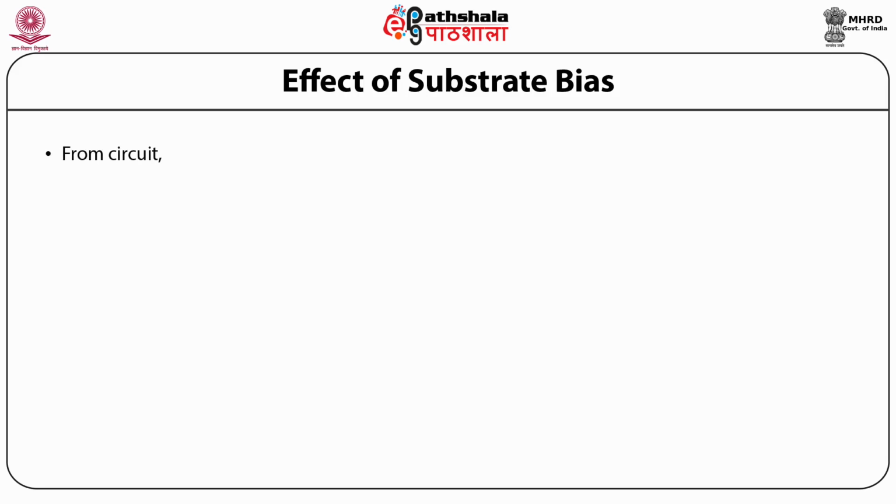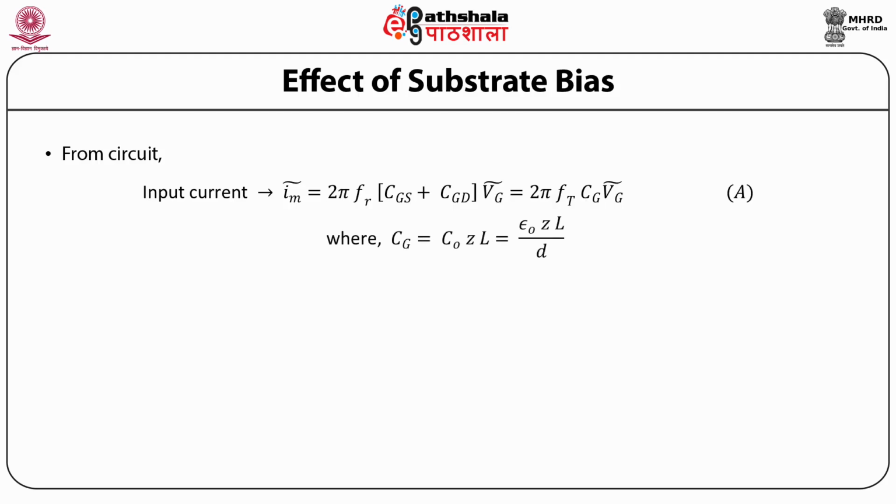So from the circuit, the input current is I in equal to 2 pi Ft multiplied by (Cgs plus Cgd) multiplied by Vg equal to 2 pi Ft Cg Vg, where Cg equal to C naught ZL equal to epsilon naught ZL by D, where C naught is the capacitance of oxide and D is the thickness of oxide layer.